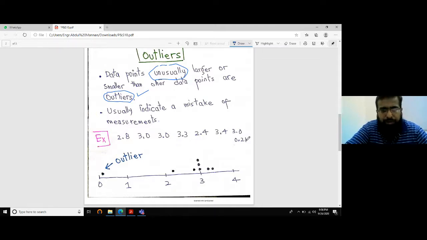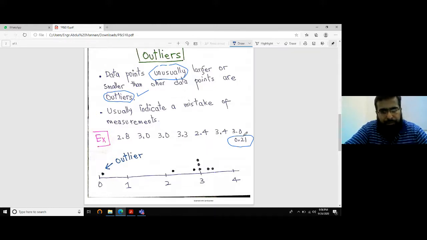When he reaches the last student, instead of writing 2.1, he puts the decimal point in the wrong place, before the 2. It should be after 2. So it becomes 0.21. This is actually a mistake, due to an error made by the clerk.